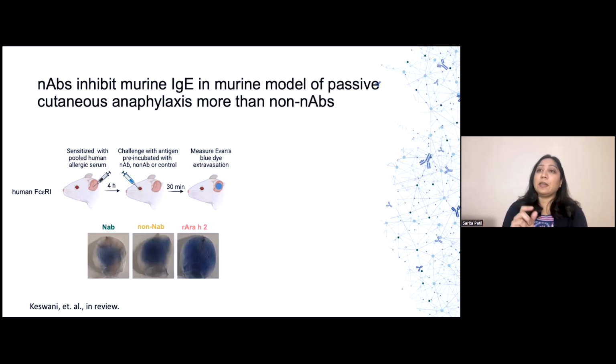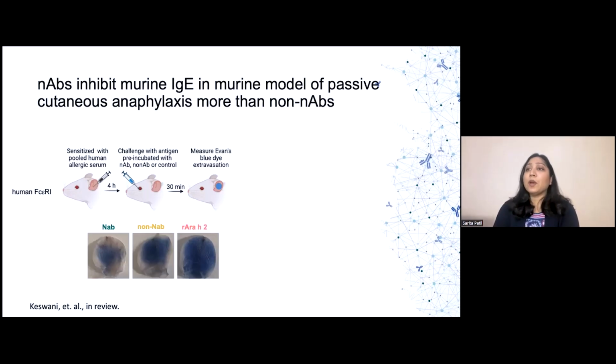And using that technique, we could then challenge those animals with either ARA-H2 complexed with a non-ARA-H2 specific antibody, or ARA-H2 complexed with either neutralizing antibodies, so again, those antibodies that recognize epitopes 1.2 and 3, or non-neutralizing antibodies, that are antibodies that recognize 1.1 and 2.